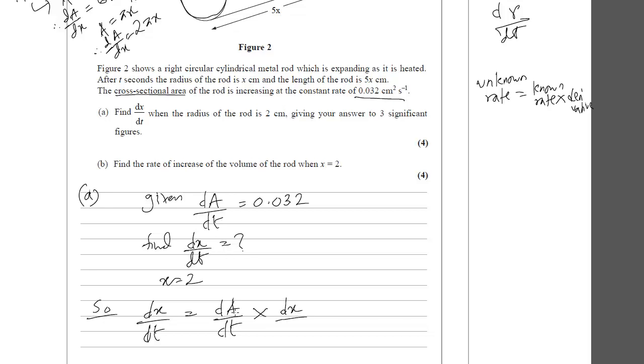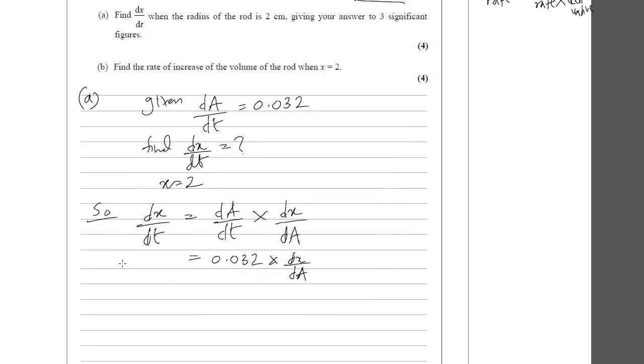Let me write dx by dA. If I cancel the dA, dA and dA cancel, and we have dx by dt. Now if I put the value, dA by dt is 0.032. Now I need the value of this dx by dA. I told you before, it is going to be the derivative.